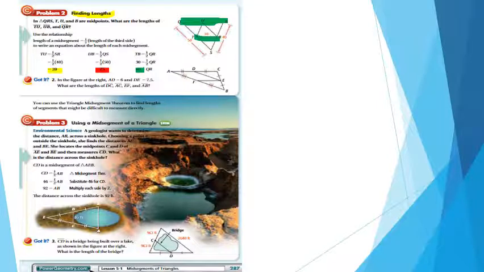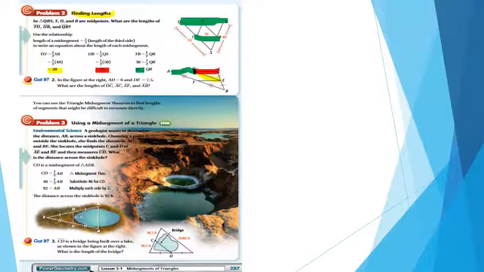Let's see, Got it, number 2. In the figure at the right, AD equals 6. They give us this, AD equals 6, and DE equals 7.5. What is the length of DC? I'll put it in red.